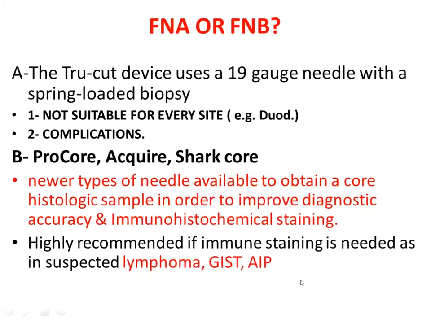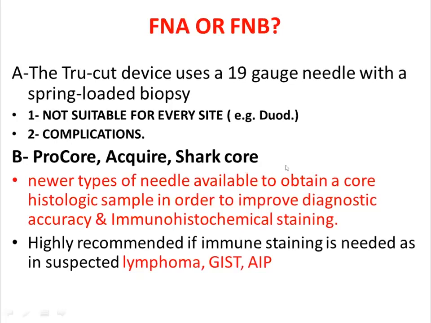If you are used to do FNB, then use FNB. If you are used to use FNA, then use FNA. But if you suspect that the patient may need immunostaining, like in lymphoma, GIST, or autoimmune pancreatitis, you should do FNB with FNB needles.